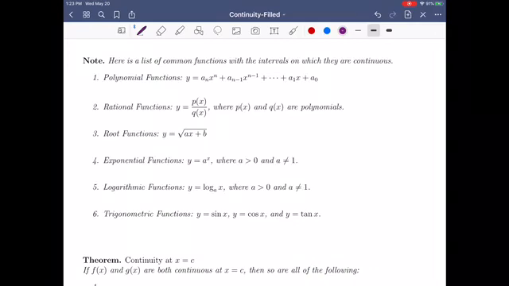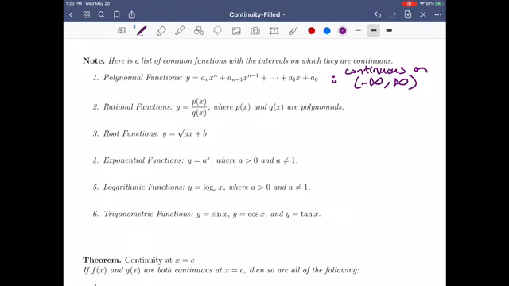The first one is a polynomial function. I've written out what that looks like: a constant times x to the n plus a constant times x to the n minus 1, etc. These are continuous everywhere, always, from -infinity all the way to infinity.